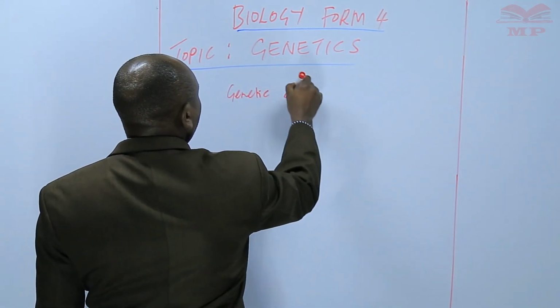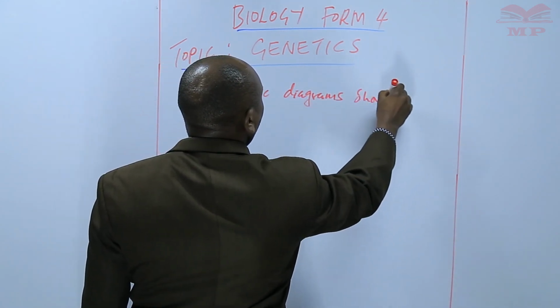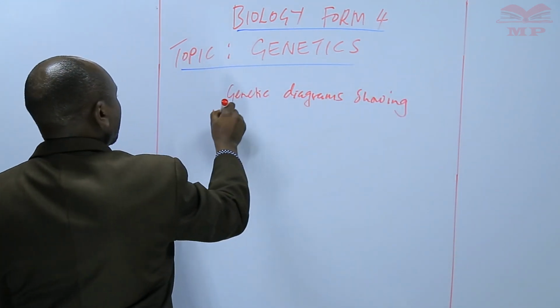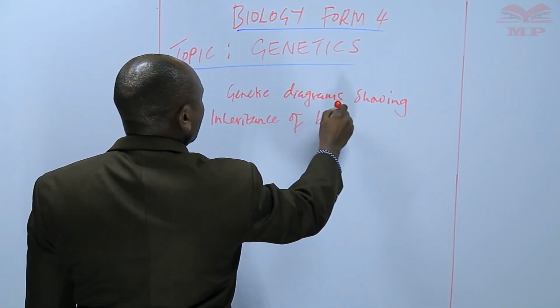So, genetic diagrams showing inheritance of blood groups.